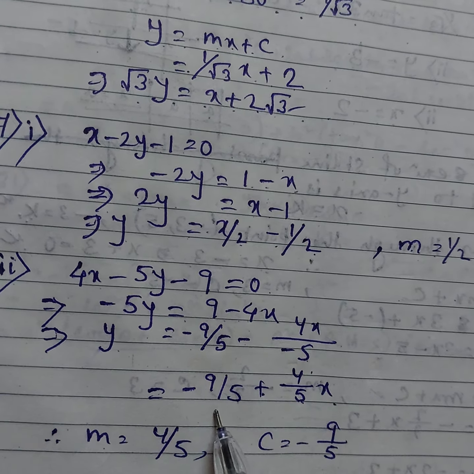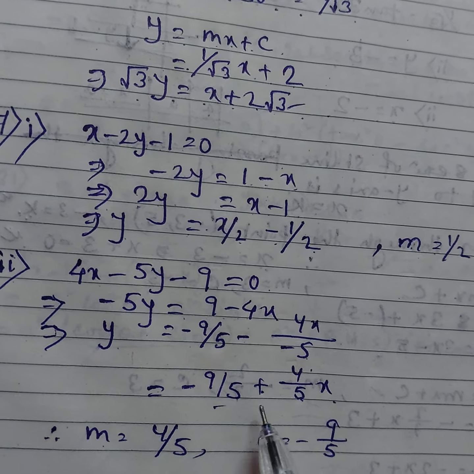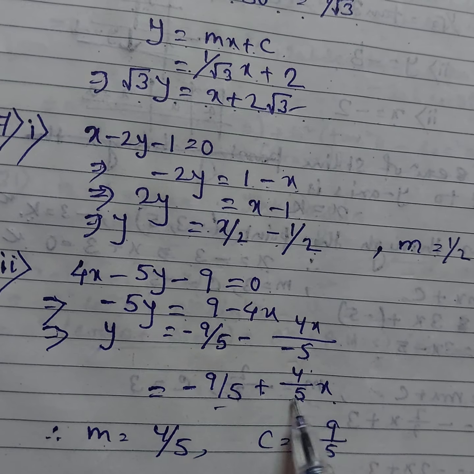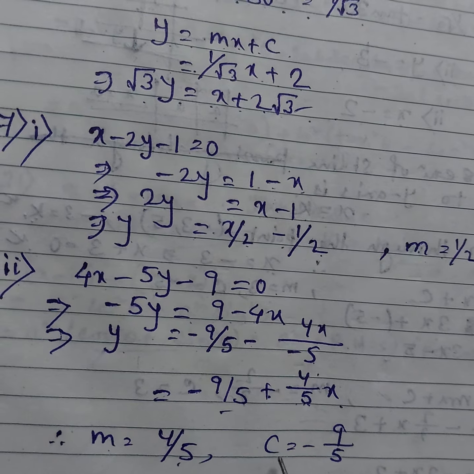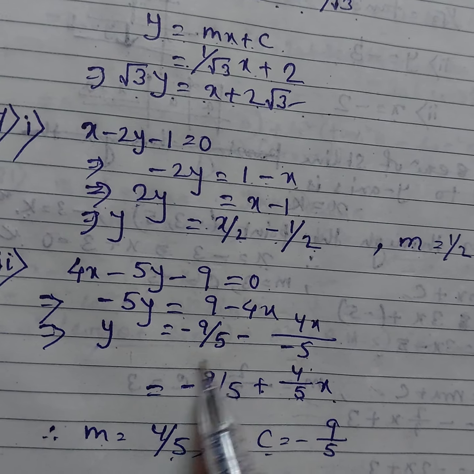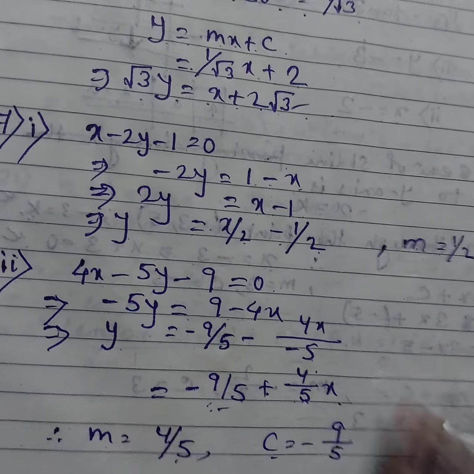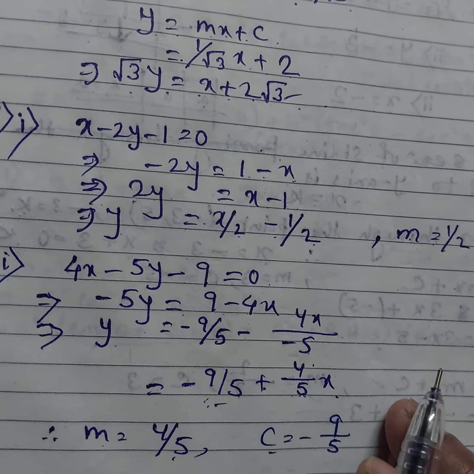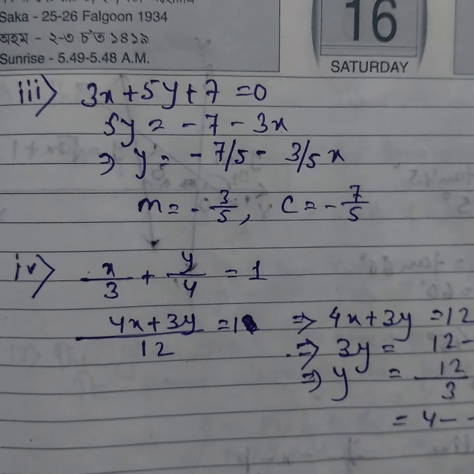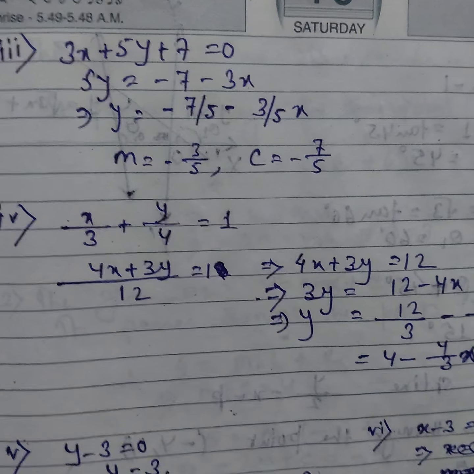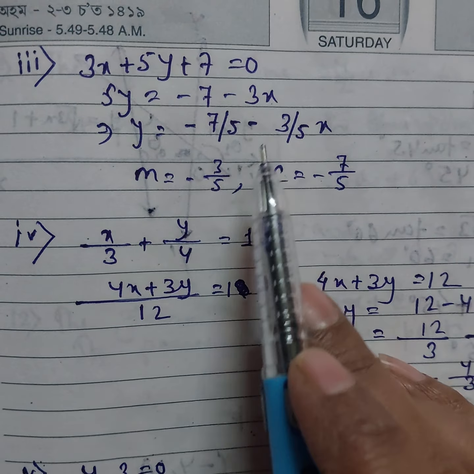So your m will be the coefficient of x, that is 4 by 5, and c will be the constant value, that is minus 9 by 5. So this is your final answer. Okay. Now in the same way you have to do the next sum. See the solution.